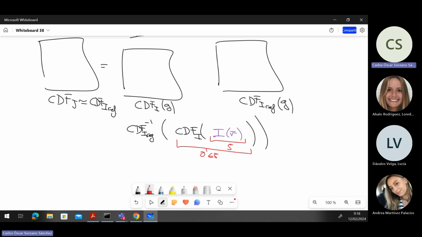So now this thing is 10, and this will be my output value. So you start with the value, you look how many pixel values are smaller than that, and then you look into the other image for a value that has more or less the same probability.